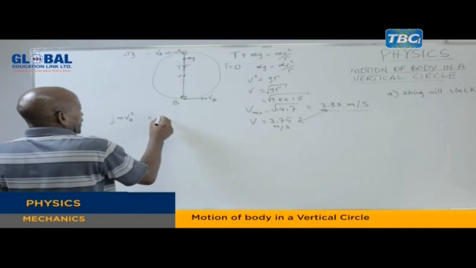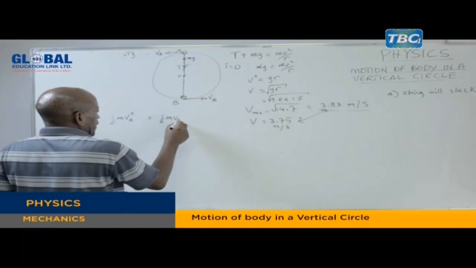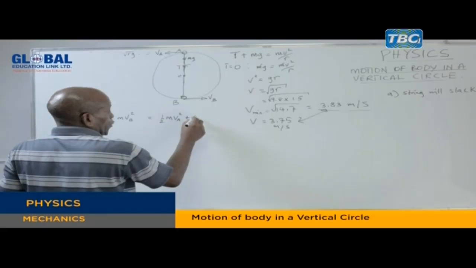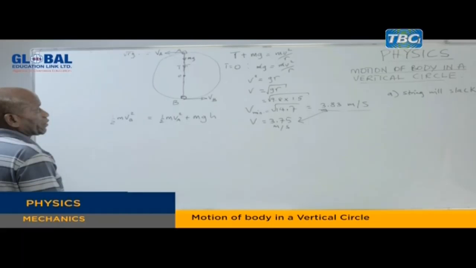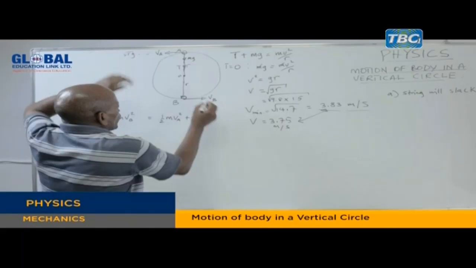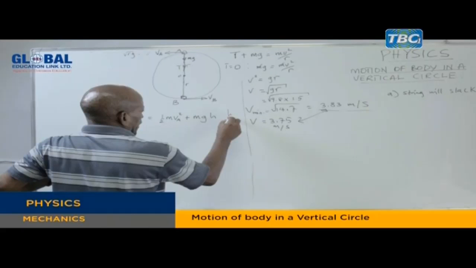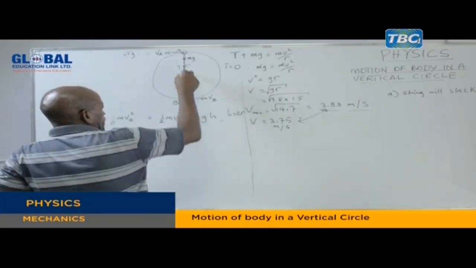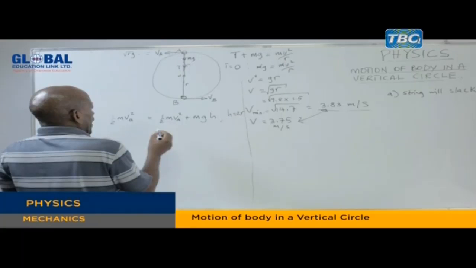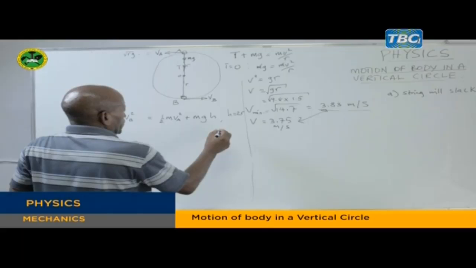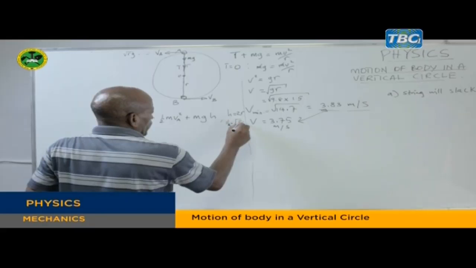The kinetic energy is a half times mass times vA squared, plus the potential energy, which is mg times h. But remember, the height at the top is equal to twice the radius, because this radius plus this radius is equal to 2r. And the velocity vA at the top is just equal to the square root of rg.